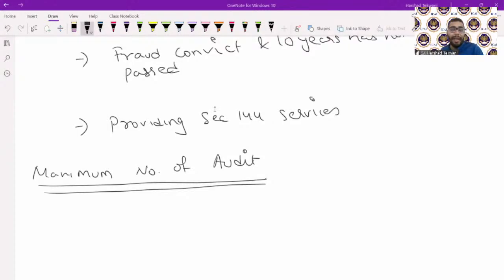So the limit provided is 20 companies, other than certain companies like dormant companies, small companies, OPCs, and private companies having paid up share capital less than 100 crore. If he is holding more than 20 companies as statutory auditor, then he will be disqualified, or he will not be eligible for appointment as an auditor. So the Companies Act also provides a ceiling on the total number of audits a chartered accountant in practice can take.